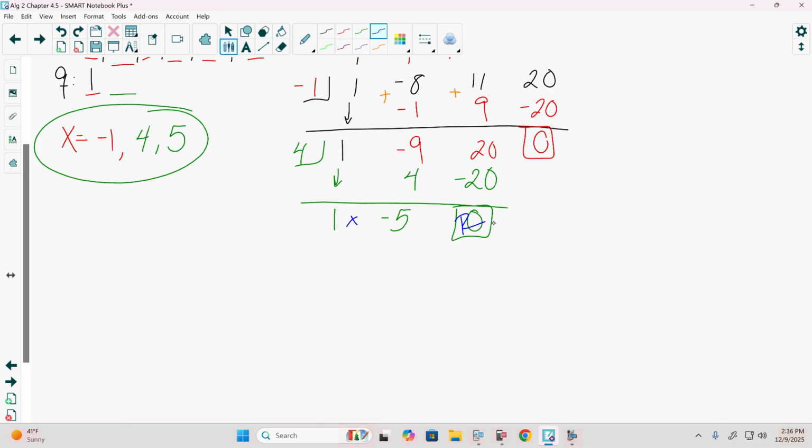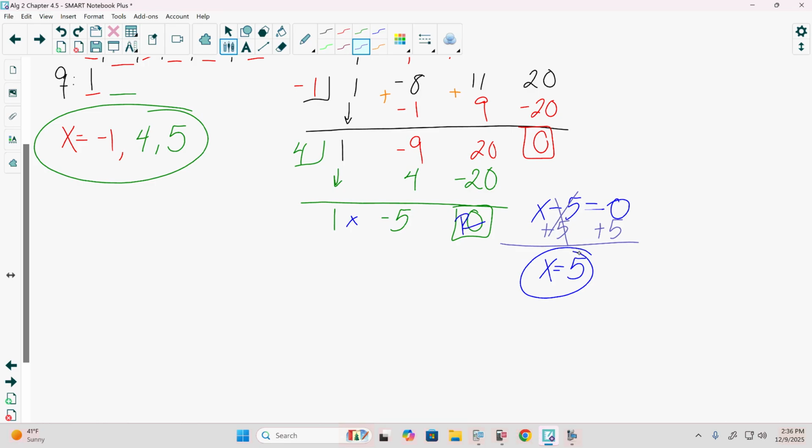Negative 5 is our term without x. 1 is our term with x. Our last equation is x minus 5 equals 0. To solve for x, we would add 5 to both sides because negative 5 plus 5 is 0. 0 plus 5 is 5. Well, it's just telling me that my third value is 5. But the graphing calculator already gave that to us.